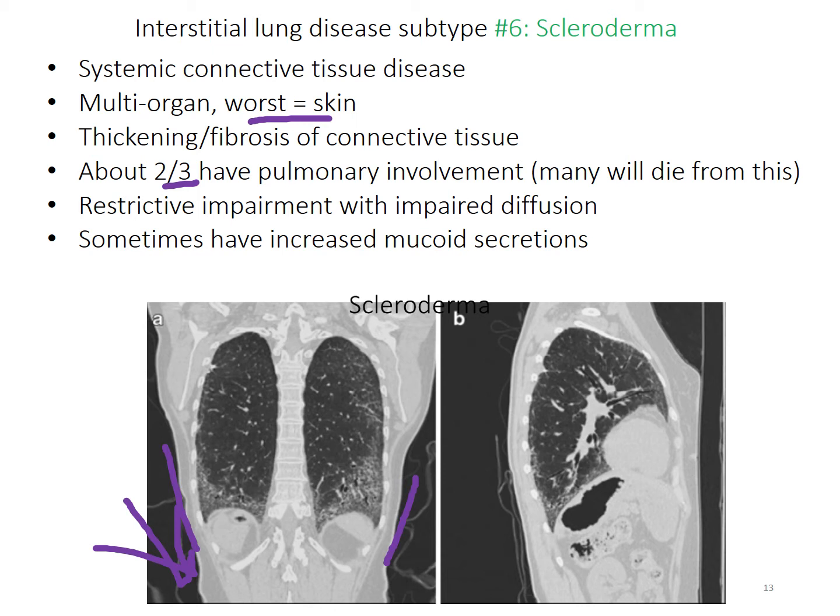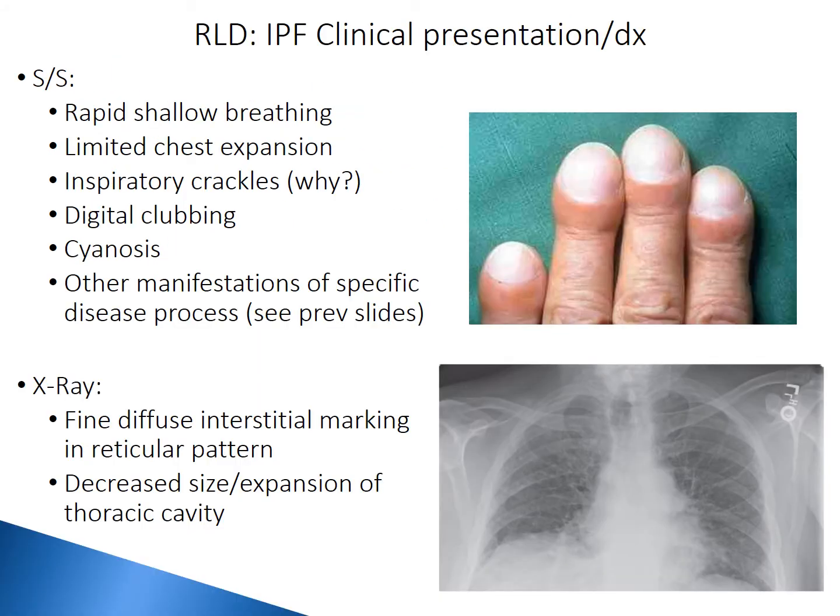Some patients will also have increased mucoid secretion, so you might see some signs and symptoms of obstructive disease as well, such as coughing, wheezing, or crackling on auscultation. So what do patients look like when they have restrictive lung disease? Like in advanced obstructive disease, you may see an increased respiratory rate, severe dyspnea, and signs of respiratory distress or hypoxia, as you'll see in the picture over here.